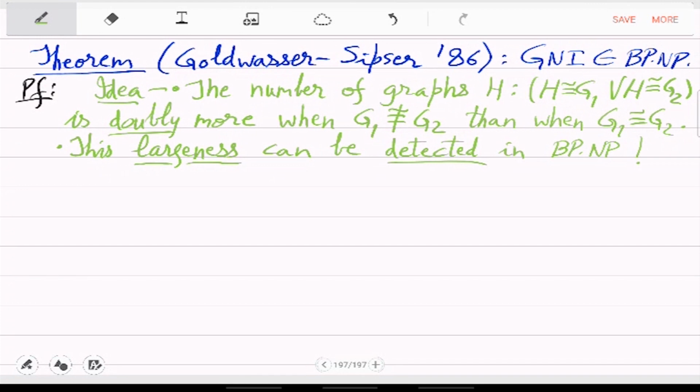So you can see that we are somehow reducing the non-isomorphism question to isomorphism, right? Because we are talking about now each isomorphic to G1. So in a way, we are reducing it to the opposite.